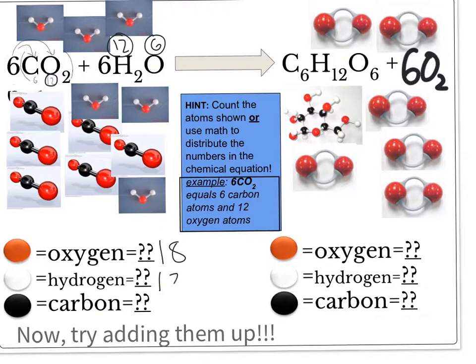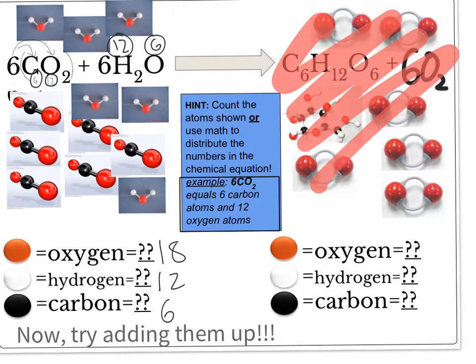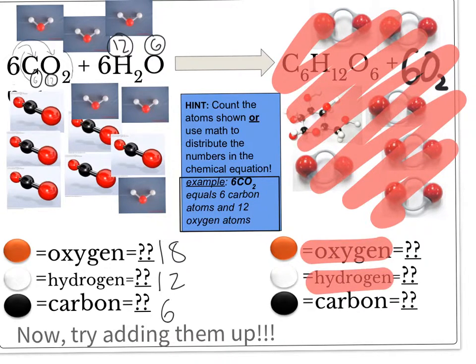We have 12 hydrogens here, and 6 carbons. Since we've showed you how to do this, why don't you now try the other side of the chemical reaction and figure out how many oxygens, how many hydrogens, and how many carbons are present.